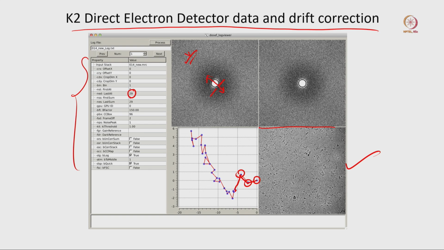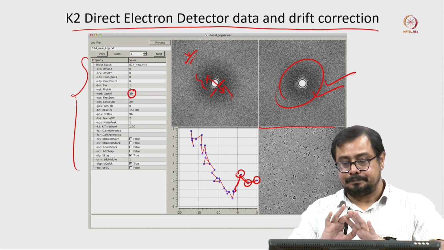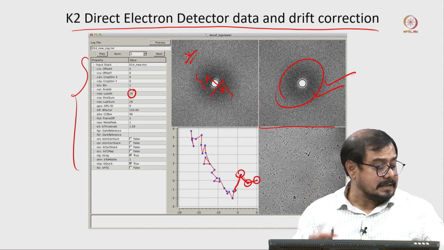After motion correction you can see most of the Thon rings are recovered in the power spectrum, where before we were losing some of the signals. Here we can figure out the whole power spectrum, and after motion correction, all the signals are recovered here.